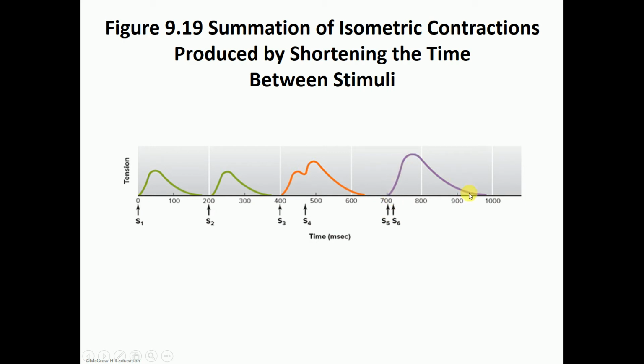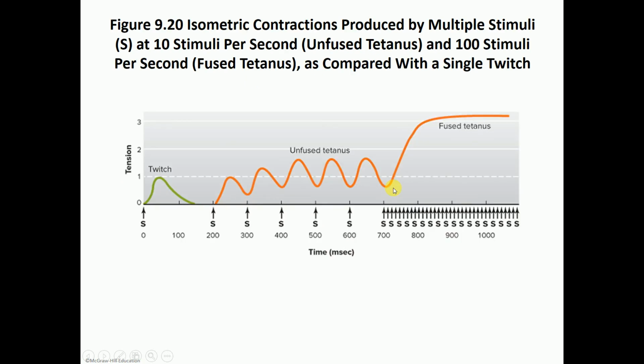While in this purple graph, you see that the two stimuli occurred very close to each other, so the summation led to an even stronger contraction than what would have occurred here. And there is no relaxation that you see. In order for tetanic contractions to happen, again, your stimuli have to occur close to each other.